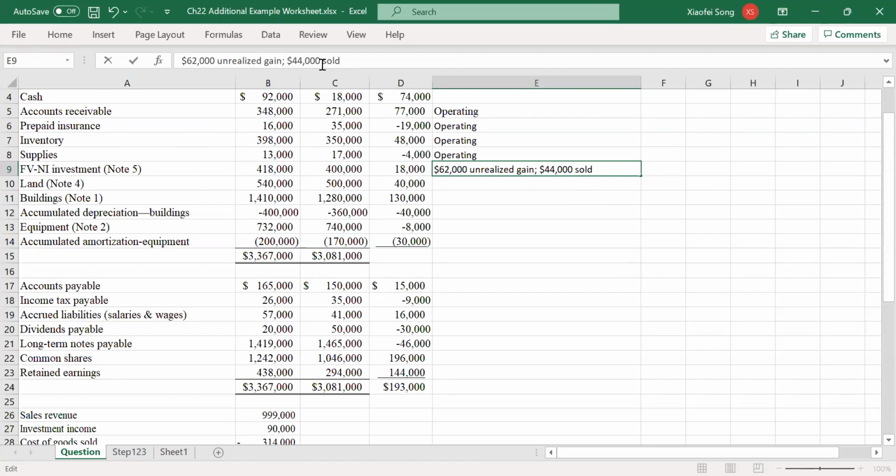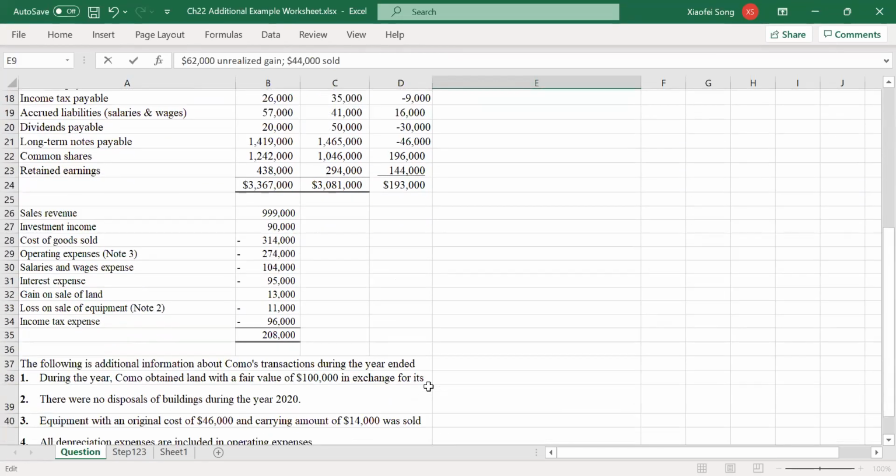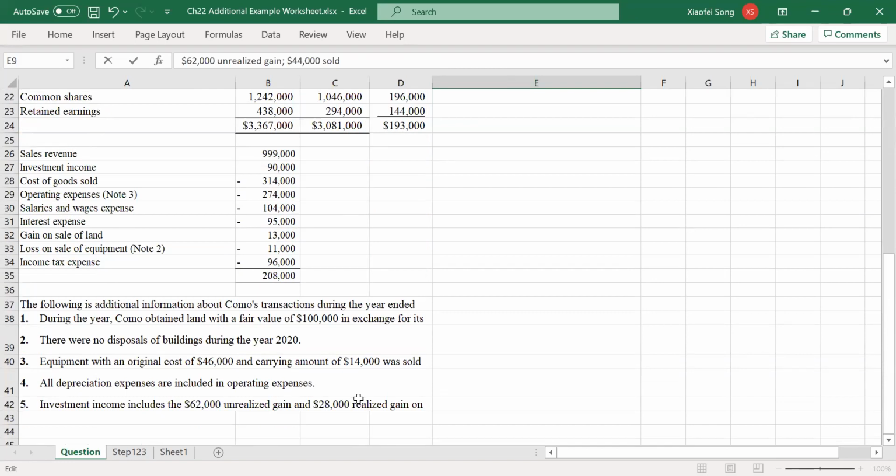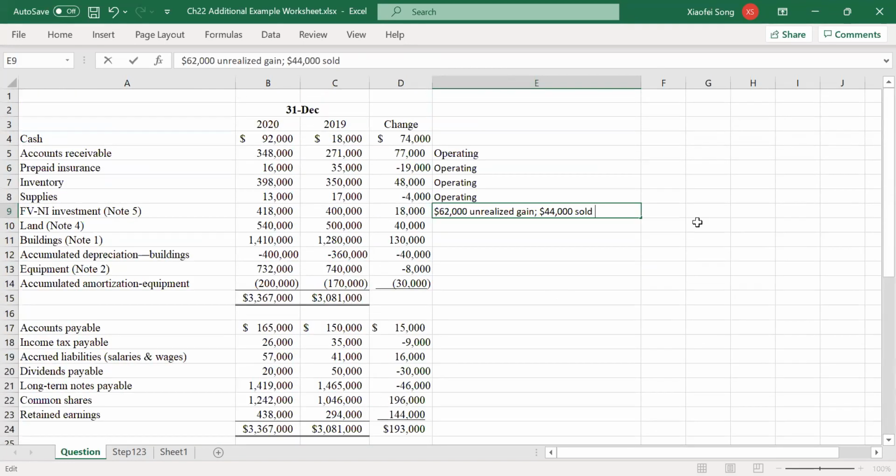And sold for how much? Because that's a cost. Now, given we have a 28,000 realized gain, that must mean the amount sold is $28,000 more. So it's $72,000. We know that because we know there is a realized gain of 28,000.